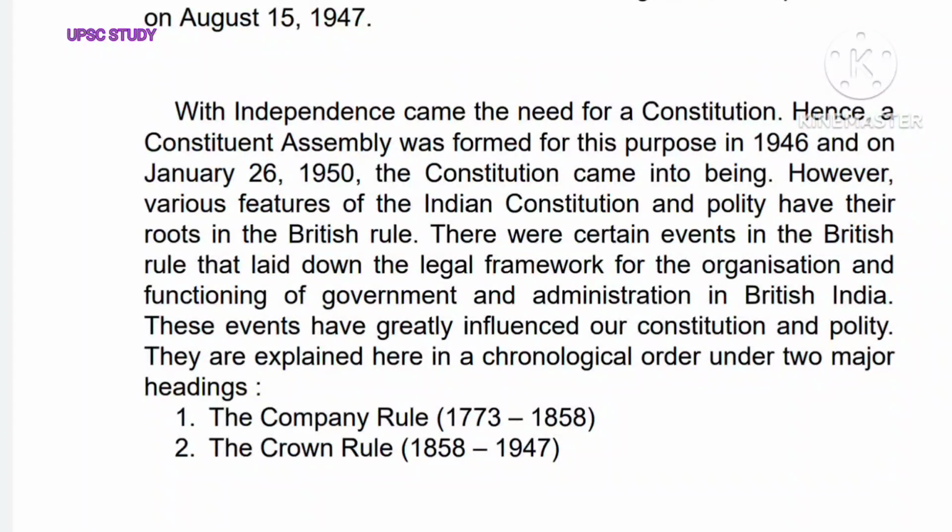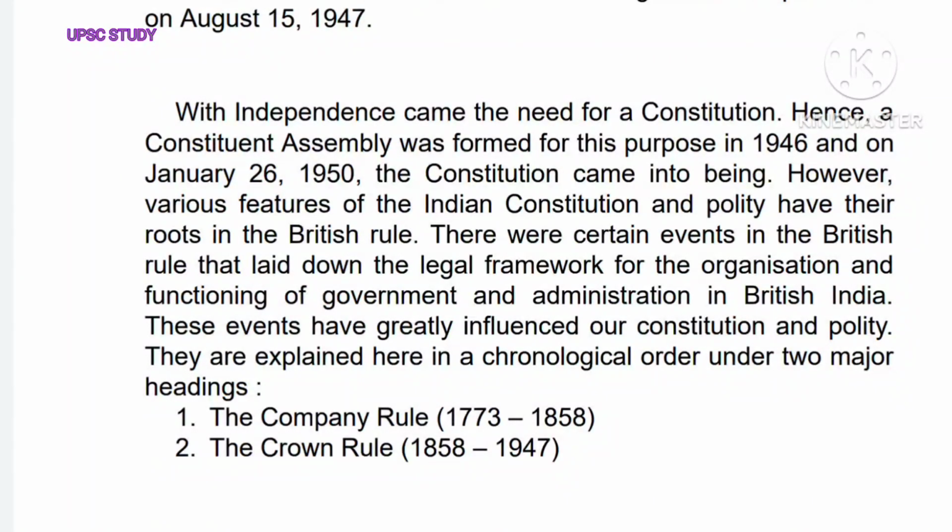There were certain events in the British rule that laid down the legal framework for the organization and functioning of government and administration in British India. These events have greatly influenced our constitution and polity.